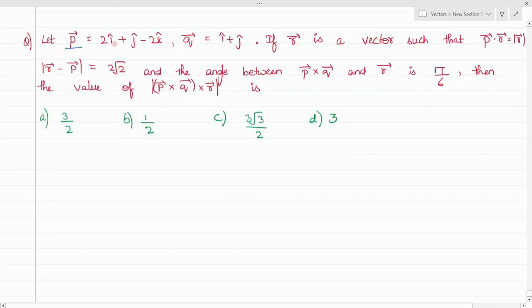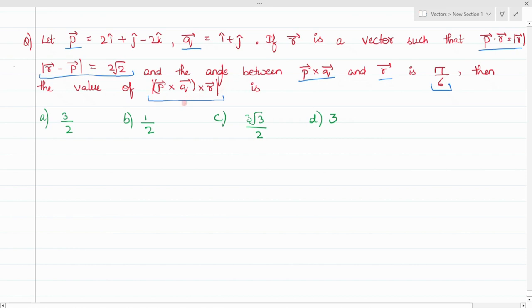In this question, vectors P and Q are given, and R is a vector such that P dot R is magnitude of R, and magnitude of R minus P is 2 root 2, and the angle between P cross Q and R is pi by 6. We need to find the value of this.